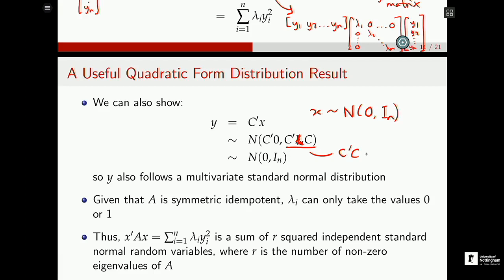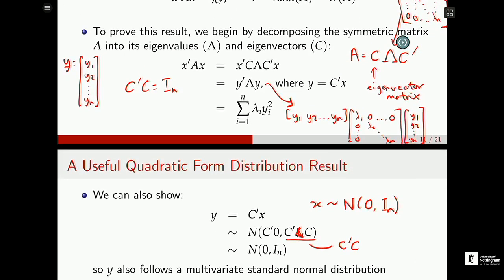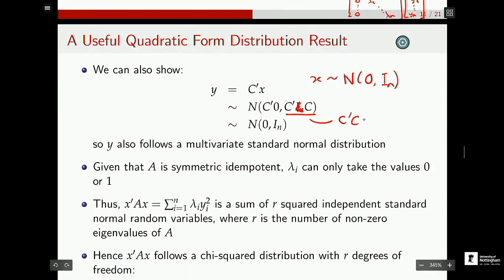And if you go back to our work on eigenvectors, the eigenvector matrix C is orthogonal. So C transpose C in all of this is equal to the identity, because eigenvectors are orthogonal to each other, and the inner product of a single eigenvector is 1, so you get that orthogonality result. So the C transpose C just collapses down to an identity, and we find that Y is itself multivariate standard normal.